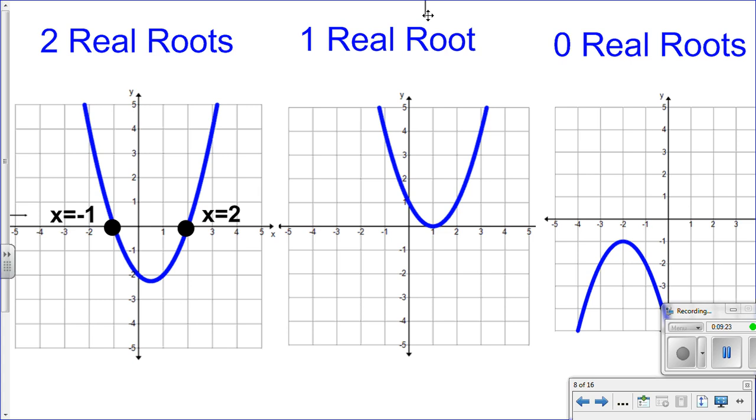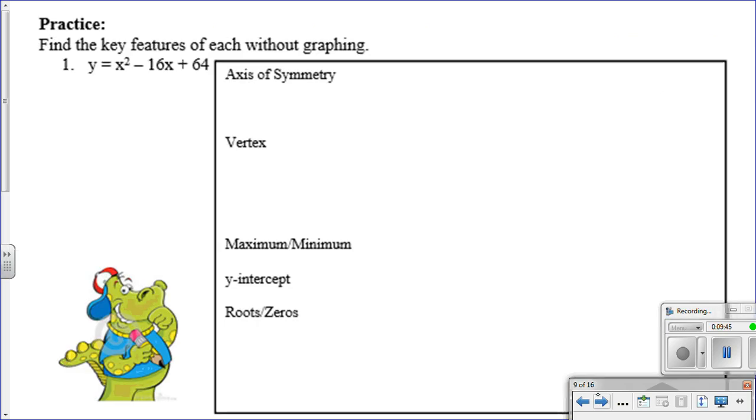In this case, the parabola only touches that once. So this one, you only have 1 real root. Now in this last example, it doesn't cross the x-axis at all. Therefore, it has no real roots. So just so that you're aware, you could have 2 real roots, 1 root, or no roots at all. All right, let's find some of these algebraically.